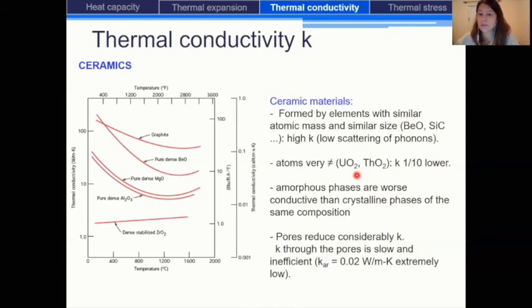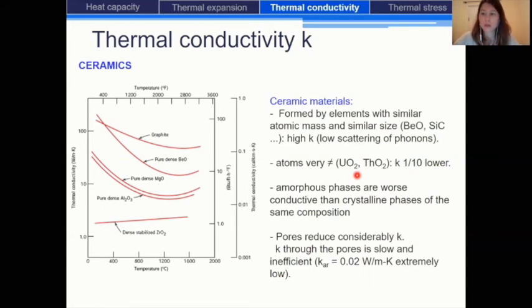For the ceramics that are formed by atoms that are very different in their size and mass, the value of K is divided by about 10. For amorphous phases or amorphous ceramics, the conductivity is lower, and so for the vitreous glass ceramics, the amorphous phase is less conductive than the crystalline phase, even if it has the same composition.